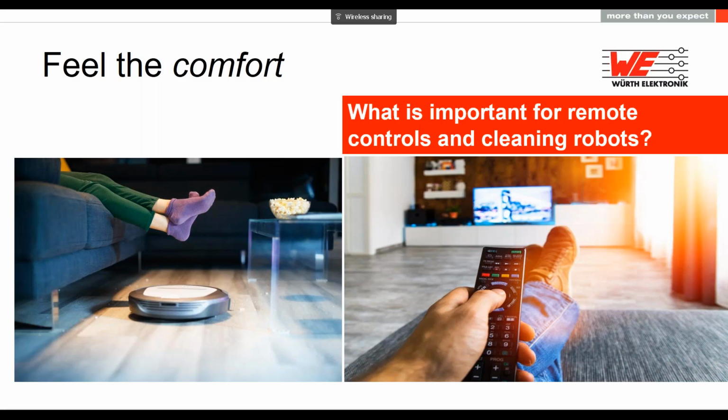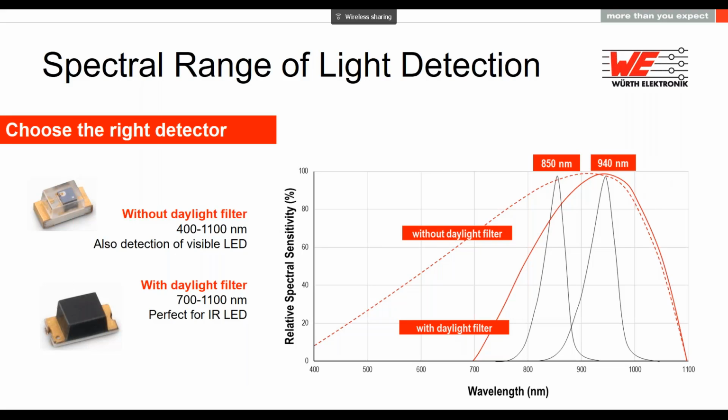But what is important for a remote control and a cleaning robot in this case? It's important not only to have the infrared light, but to choose the right detector. In some cases, we can offer two different detectors, with and without a daylight filter.